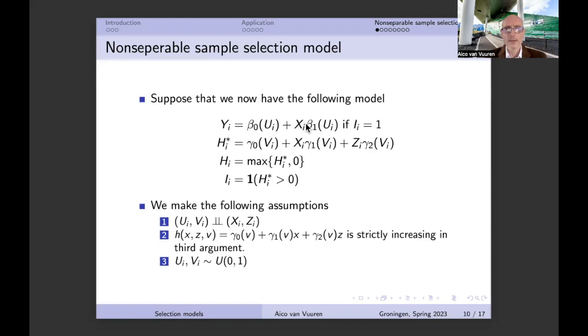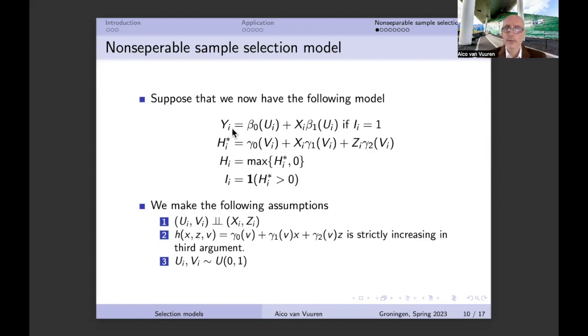But the problem again is that we do not have only i's equal to 1. And that means that, if there are at least some i's equal to 0, then the only thing that we can do is a quantile regression on the remaining observations.